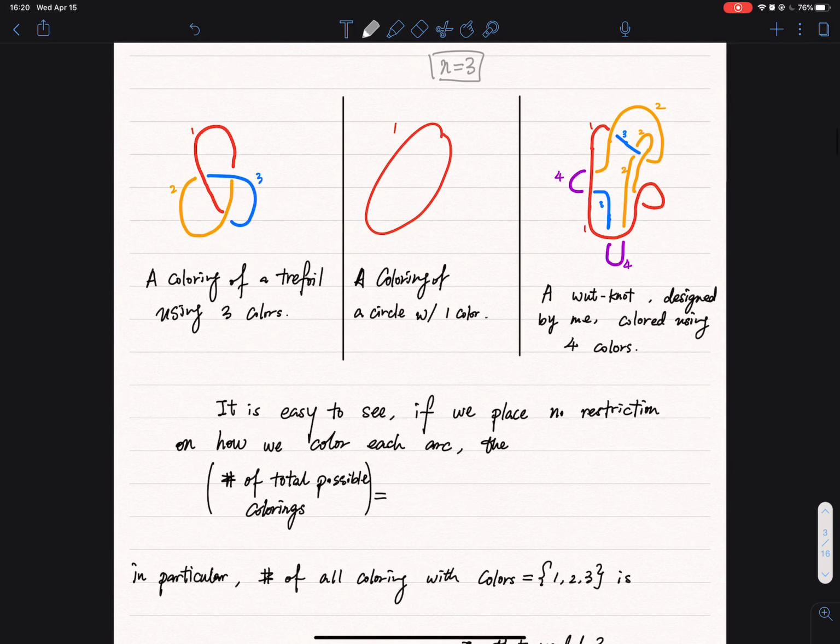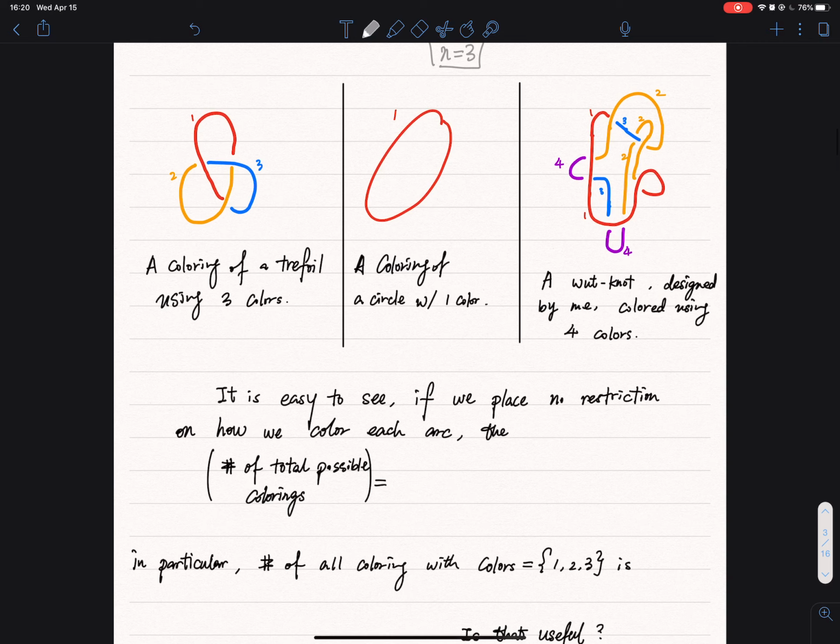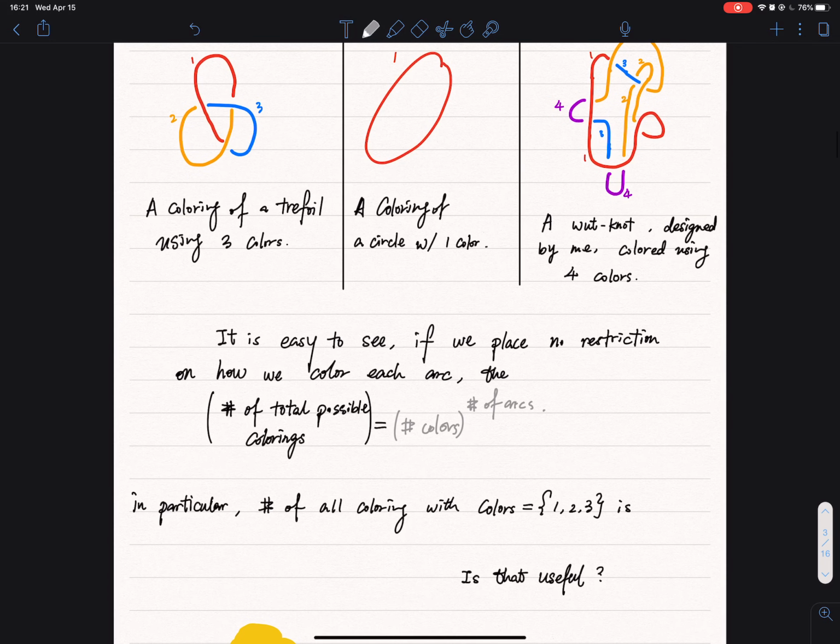It's easy to see that if we don't limit the number of colors, then the total number of possible colorings will equal the number of colors to the power of the number of arcs. And this is generally very large. This is also the case for n equals 3, which gives you something like this.